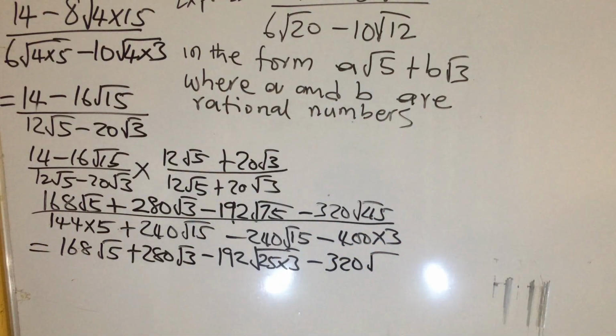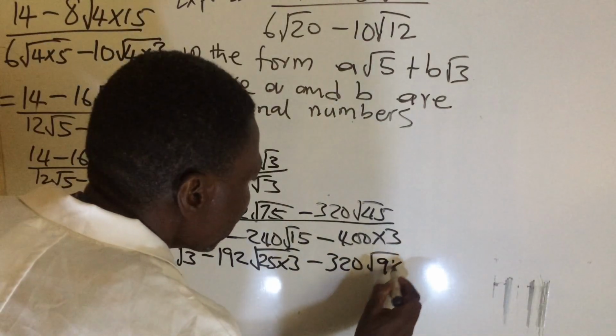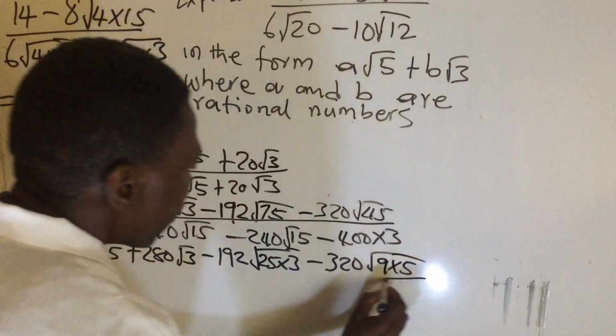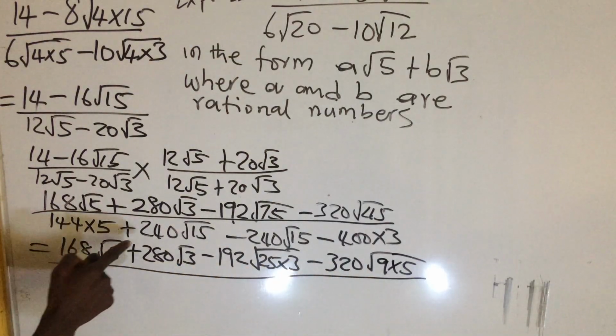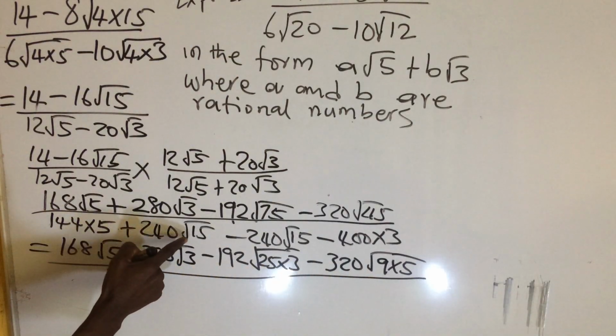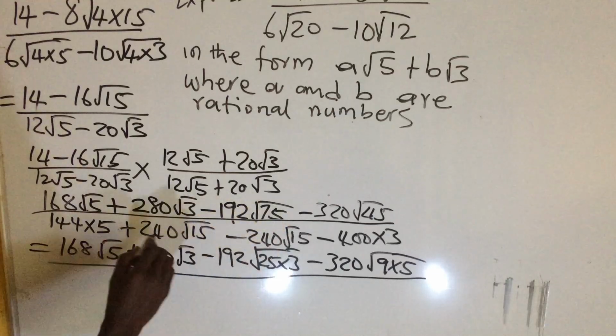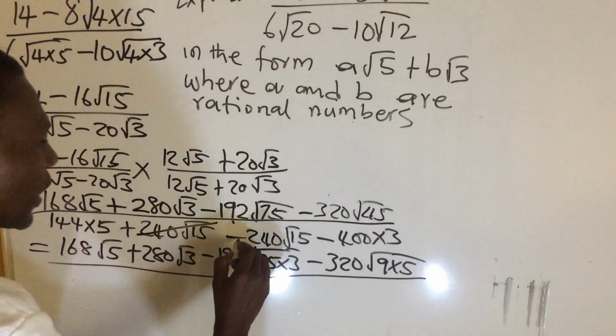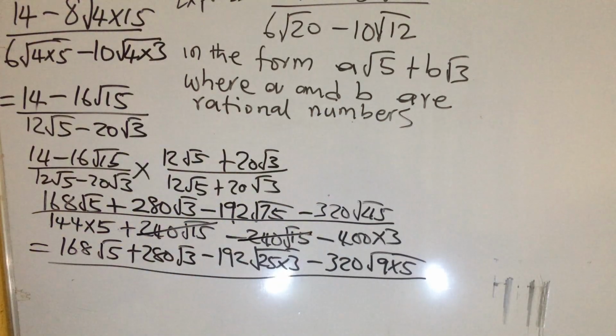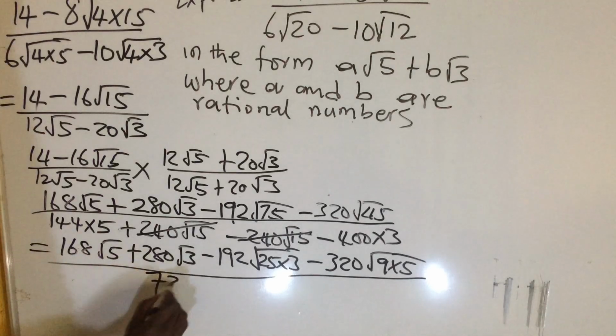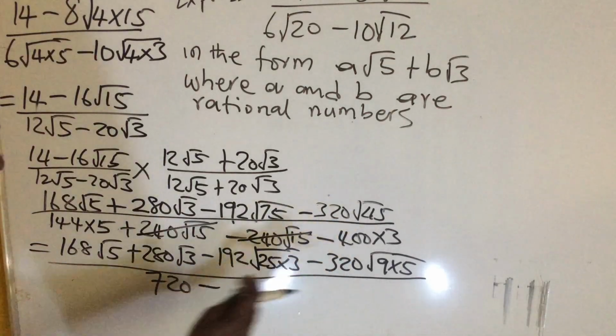Simplifying 45 will give us what? It gives us 9 times 5, all over. 240 root 15 minus 240 root 15 has cancelled each other. We now have 144 times 5 gives us 720 minus 400 times 3.